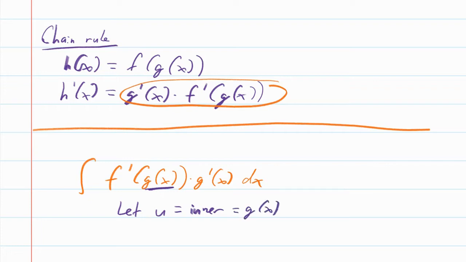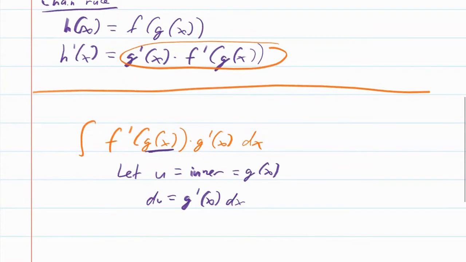And then I'm going to take the derivative, but rather than u prime, we're going to say du is equal to the derivative of g of x, which is g prime of x dx. By chain rule, I take the derivative of this inner x and I get dx with that. So this is going to be the key here. We're going to have u equals g of x and du is g prime of x times dx.